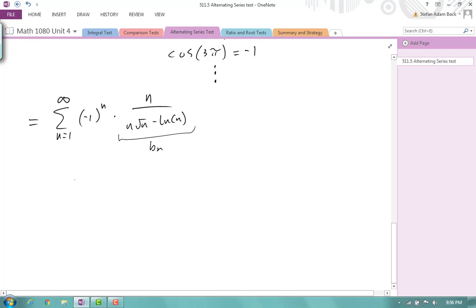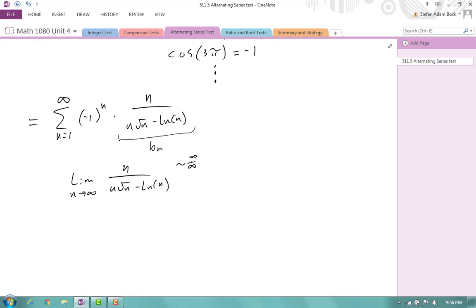We'll do the easier one first, which is the limit as n goes to infinity of the terms, which is n over n root n minus natural log of n. And this is kind of similar to infinity over infinity, but strictly speaking, I should change to a continuous variable instead of a discrete variable, whatever that means.